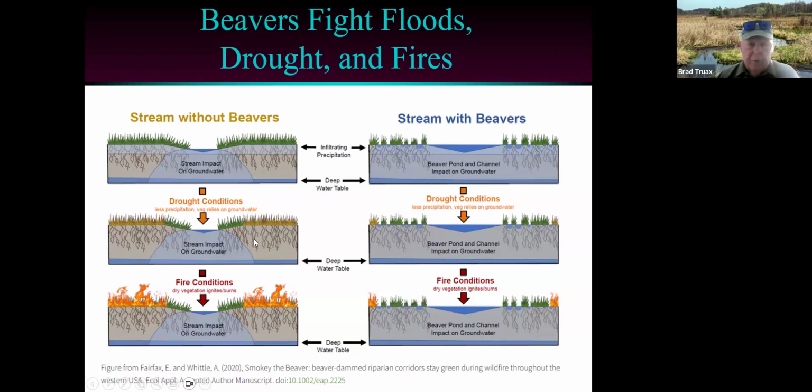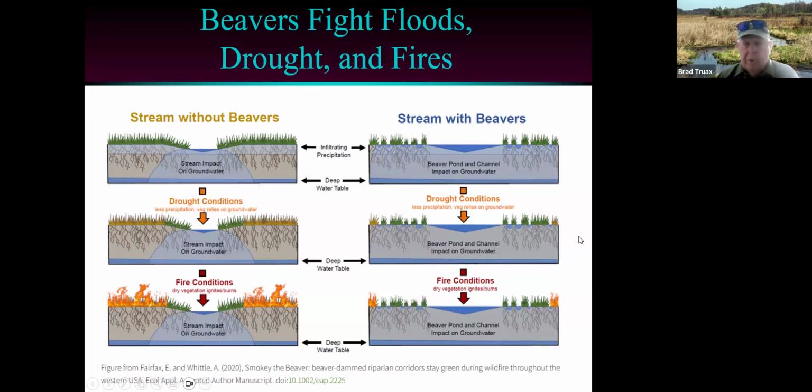During drought conditions, what that means is that if you just have a simple stream, you only have a narrow area where you have good vegetation, and the rest of the vegetation dries out. Whereas here, adjacent to a beaver pond, because there's now some groundwater, the area of wet vegetation is much bigger.